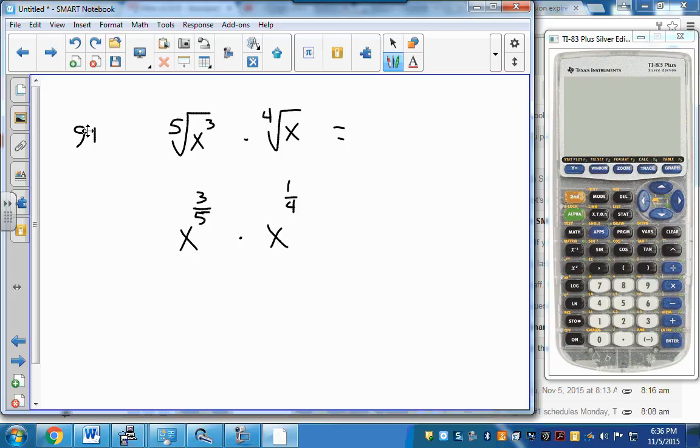And then apply the properties of exponents. Assume all variables represent positive real numbers. Give the answer in exponential form. So they don't want radicals in the end. They want exponents. So this is going to be x to the 3/5 plus 1/4, right? You're adding exponents when you multiply, just like this. A squared times a to the 5th is a to the 7th.